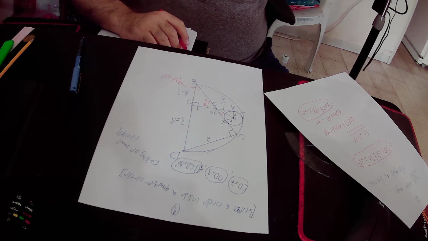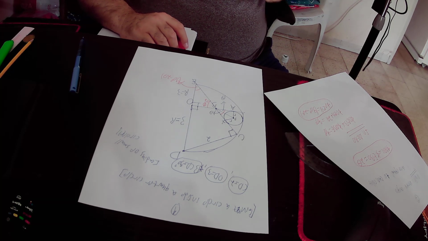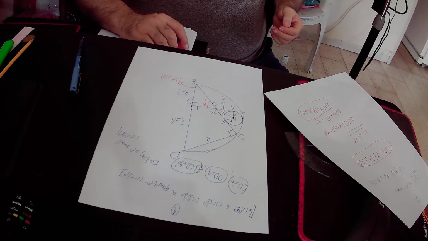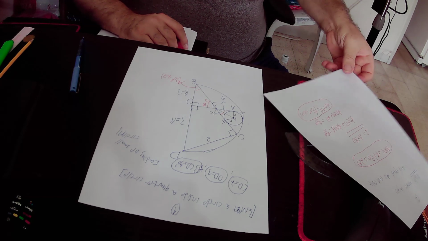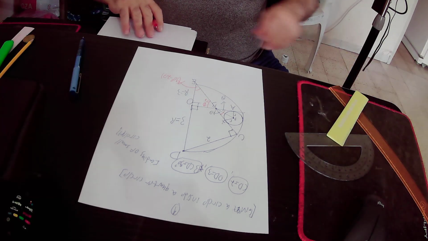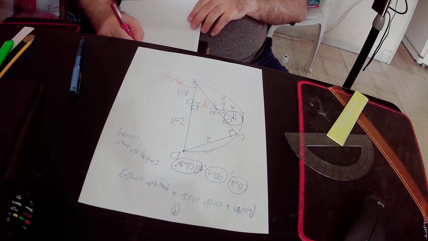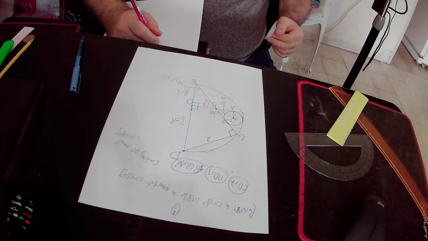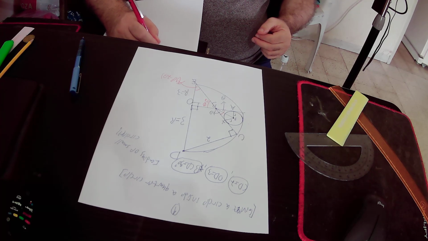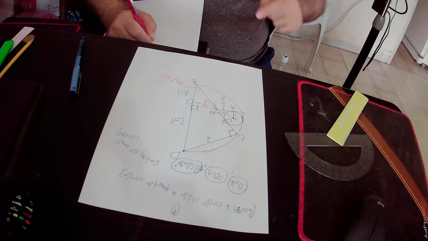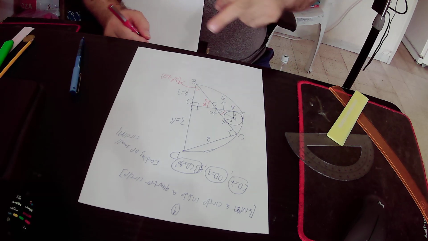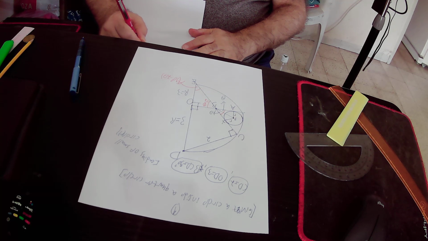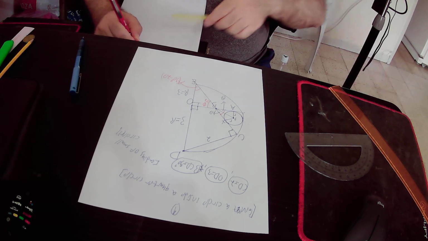Okay, and we know that the sum of the angles in any triangle, and especially in triangle CDE, must be equal to 180 degrees. So in triangle CDE, the big triangle CDE, that is also a right triangle, the sum of the angles is equal to 180 degrees.